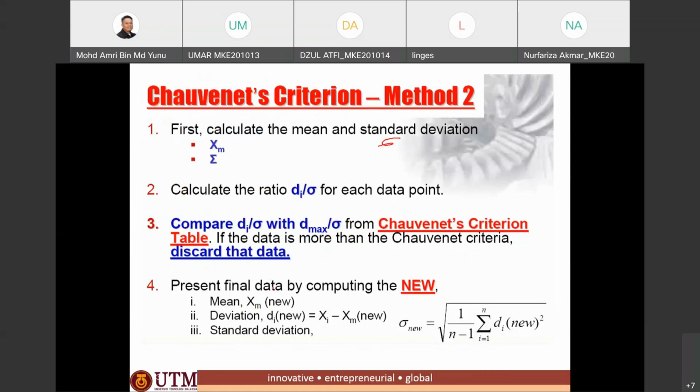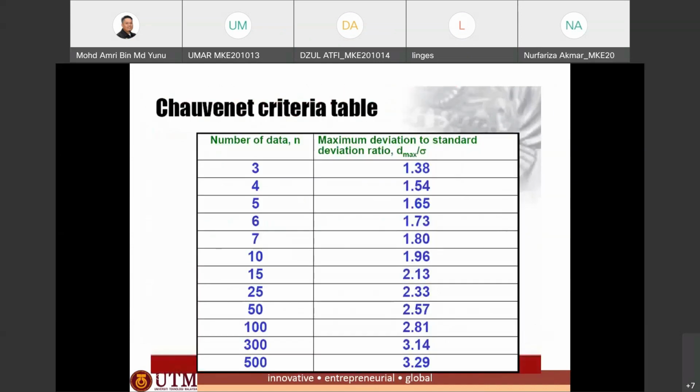And then when we remove the data, we recalculate the mean and standard deviation. So this is the table. The table shows us the maximum deviation to standard deviation ratio. So let's say in our case, we have six data sets.